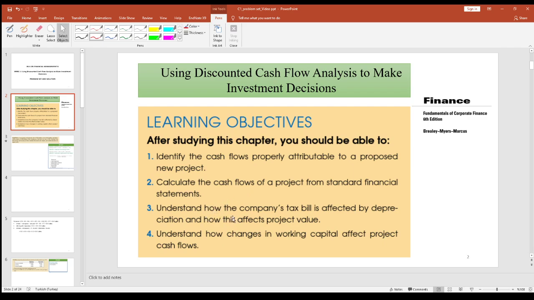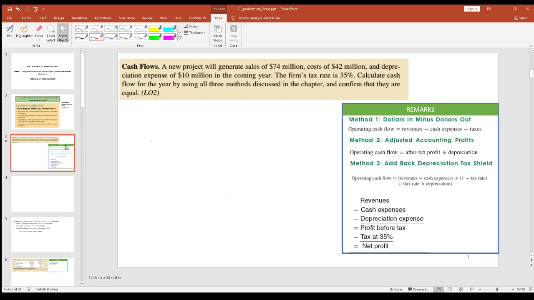Third, to understand how the company's tax bill is affected by depreciation and how this affects project value. And the last one, to understand how changes in working capital affect project cash flows. So let's get started. Our first problem is about cash flows.